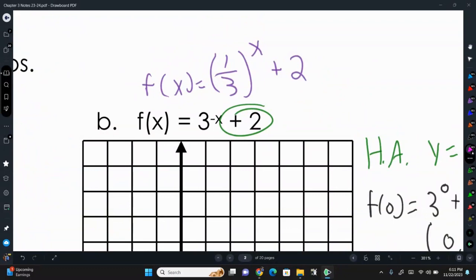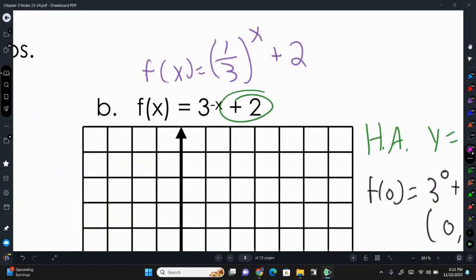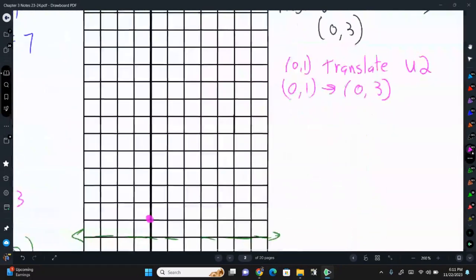What if we picked a negative number for x? What if we did x equals negative 1? So f of negative 1 would be 3 to the negative 1, because the function says negative x plus 2. Well, that's going to be 3 to the first power plus 2, which is just 5.